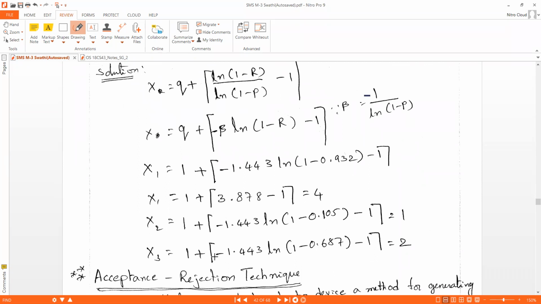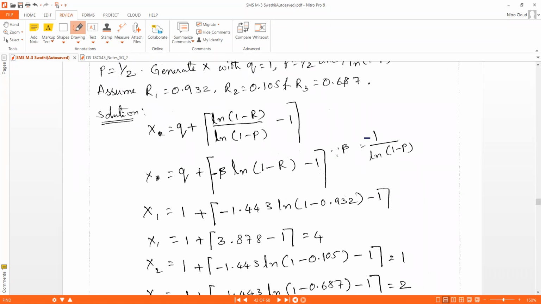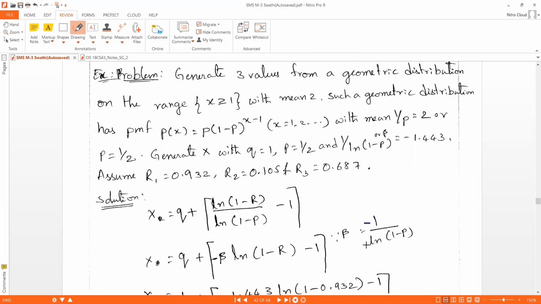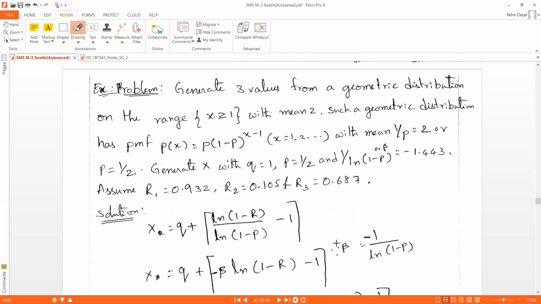Q value is 1 plus mod of the beta value given in the problem, 1.443, into ln of 1 minus r3 value. R3 value is 0.687. We will substitute 0.687 minus 1. If you solve this, we will get x3 equal to 2. Like this, we can generate the random variates by using geometric distribution.